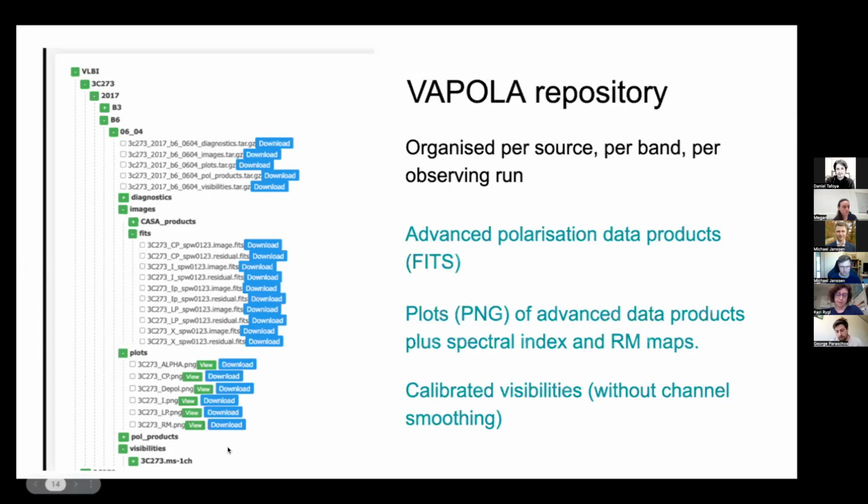Furthermore, which I think is maybe one of the most important things in how this complements the ALMA Science Archive, you will have the calibrated visibilities without any channel smoothing. So if you are interested in any spectral behavior of these targets, the quickest way to explore that would be to download these calibrated visibilities and make your own image cubes.